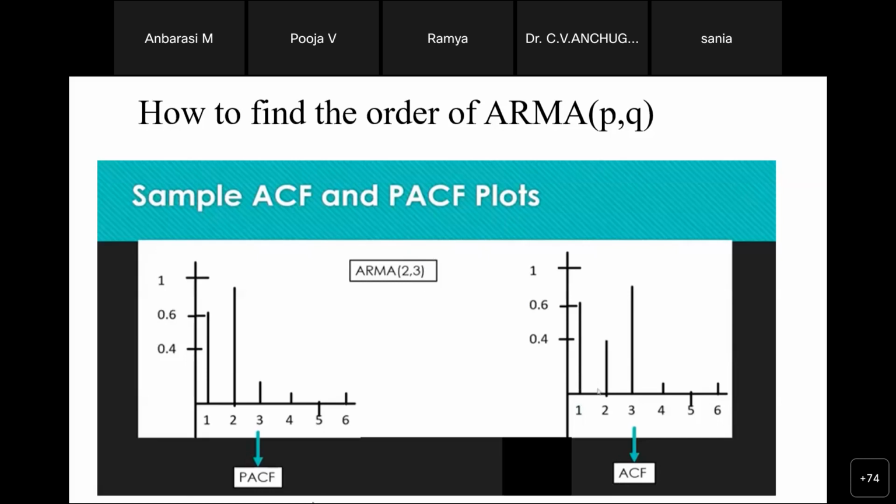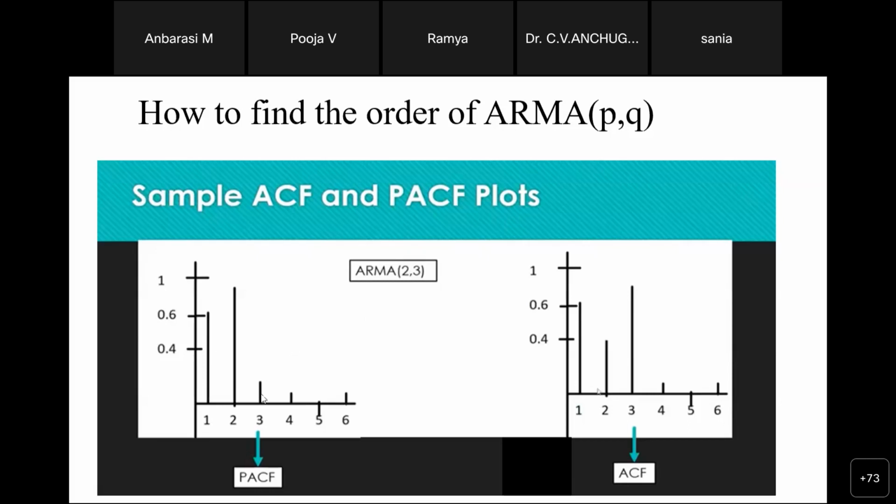But in the case of the partial autocorrelation function, for the AR model, only these two lags crossed above 0.1. That is why AR will be considered as 2.